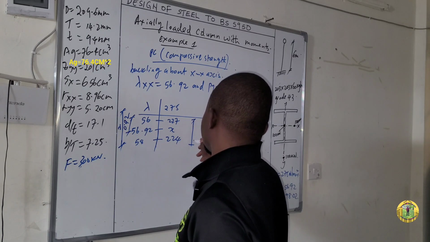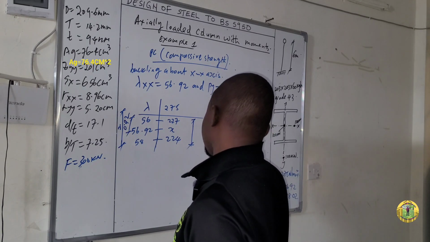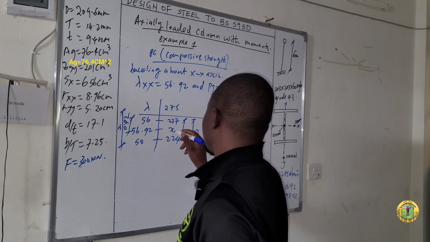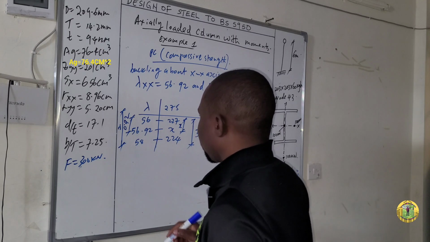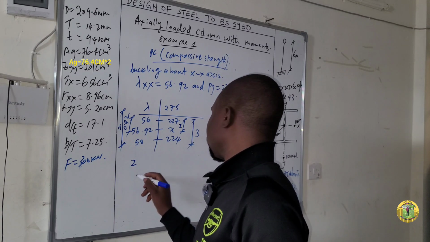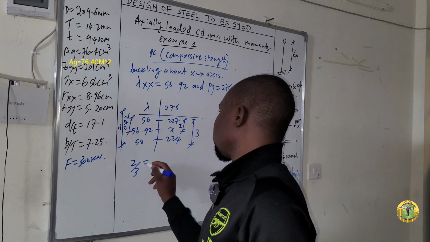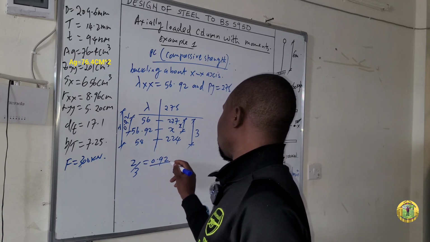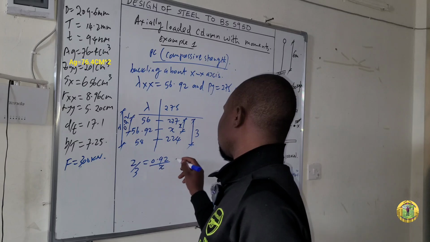Between 227 and 224 you will get 3, and this one, we assume this is x. Then you do the comparison: 2 over 3 is equal to 0.92 over x.